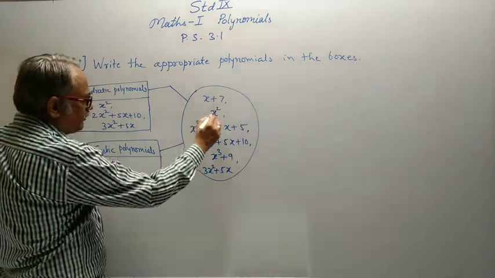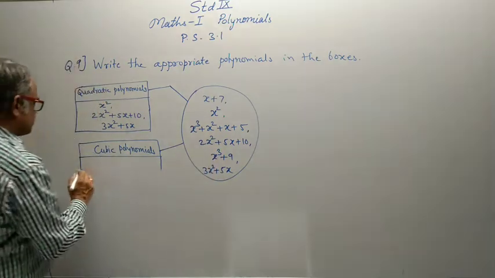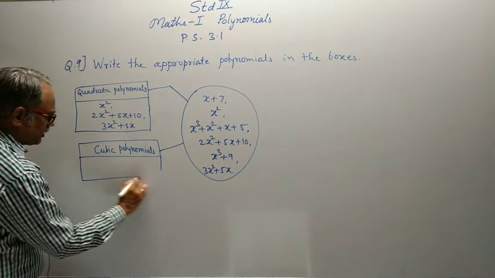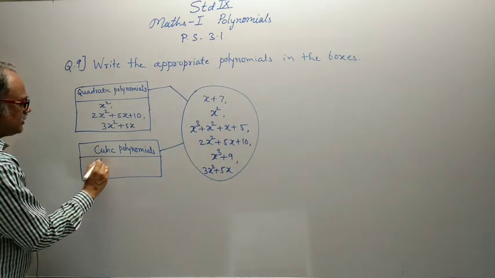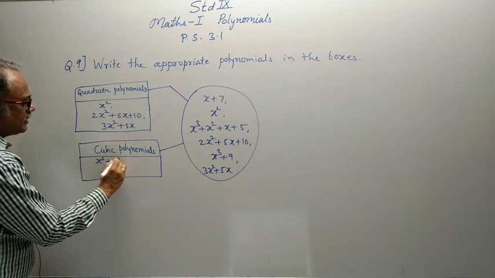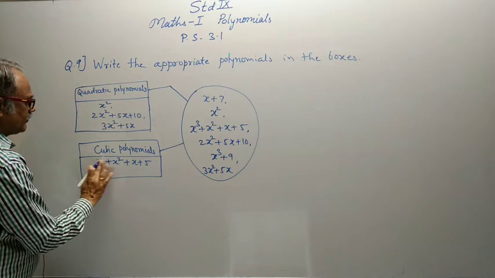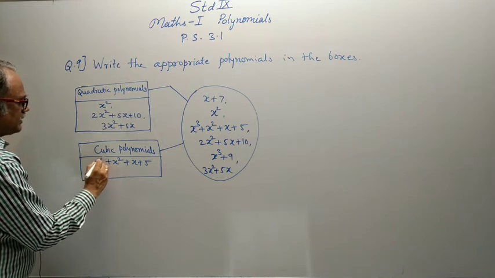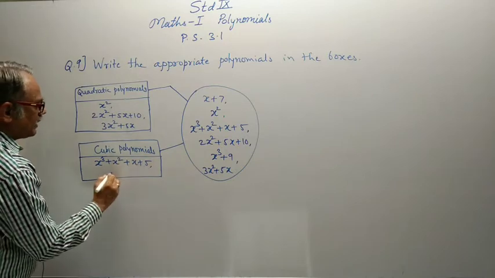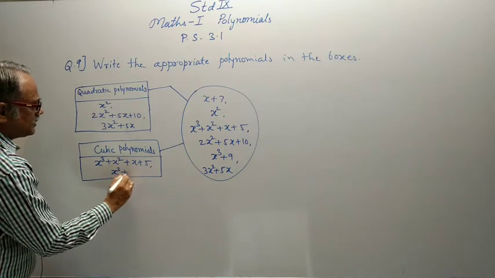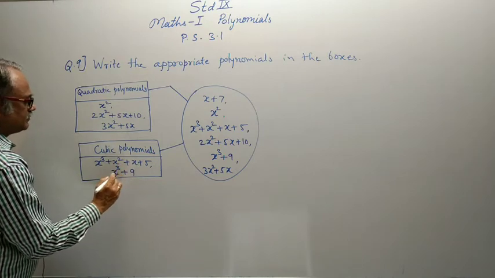Cubic, degree 3: 1, 2. 2 are there, so you must have 2 lines for that. Which are those? X cube plus x square plus x plus 5, one line. And the second line is x cube plus 9.